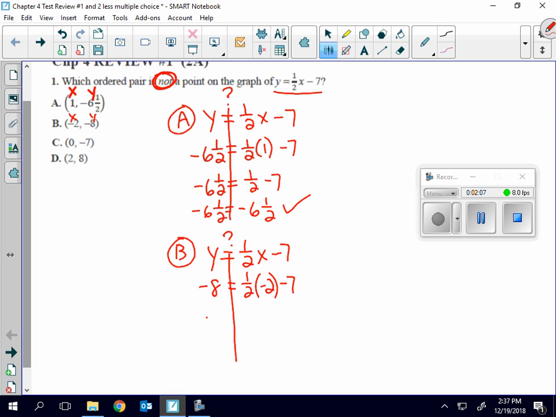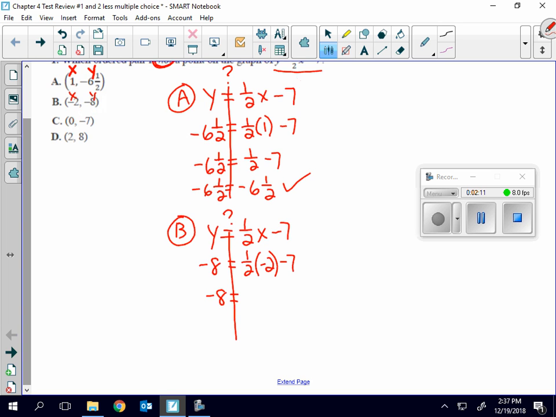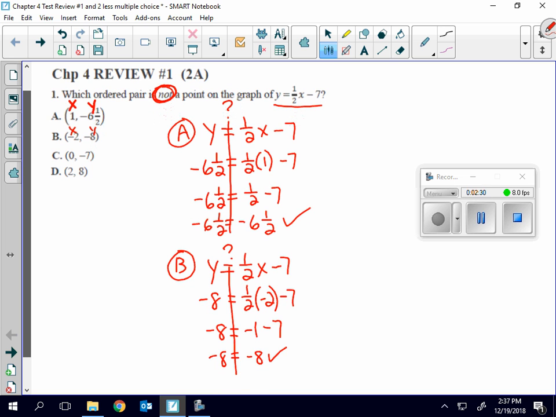Well, the left side is already a -8. Let's check the right side. 1/2 of -2, you can do it on your calculator if you need to, but half of -2 is just -1 minus 7, and -1 minus 7 is -8. So this one was true as well, so it's not B either.